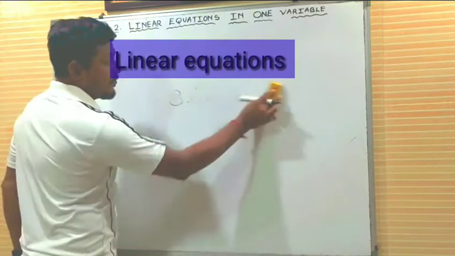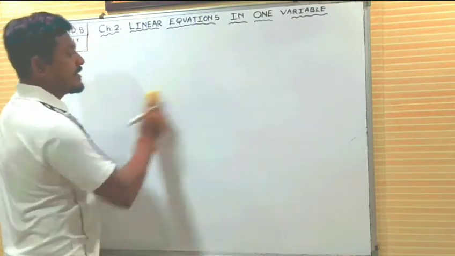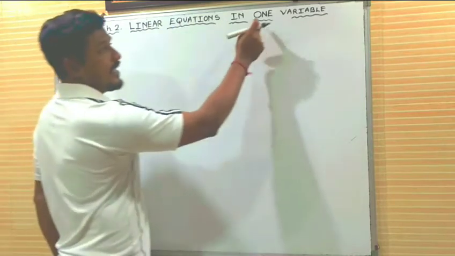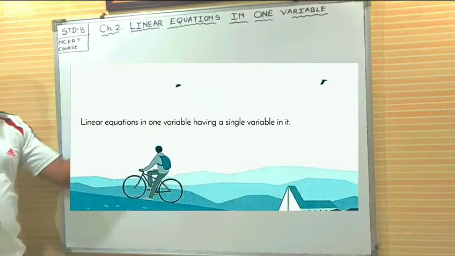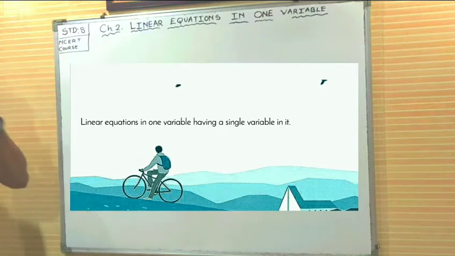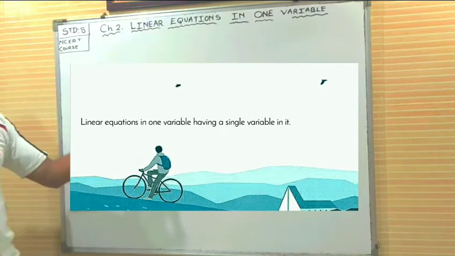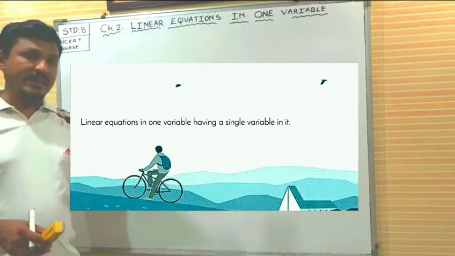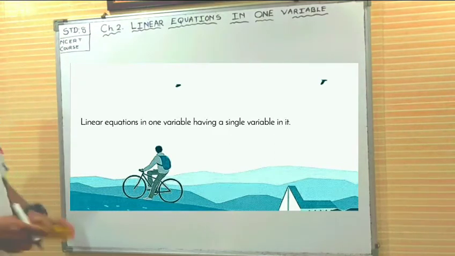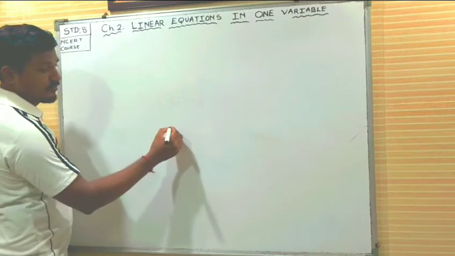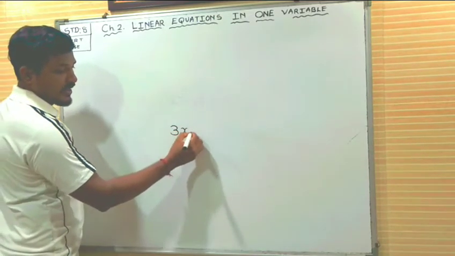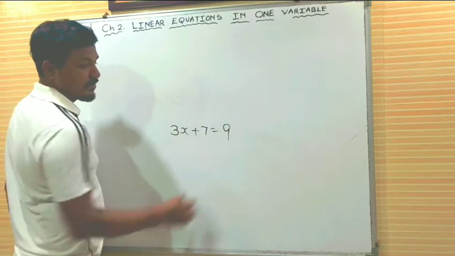Now let us move toward our main topic, that is linear equations in one variable. A linear equation in one variable has only a single variable. Let me explain. 3x plus 7 equals 9.